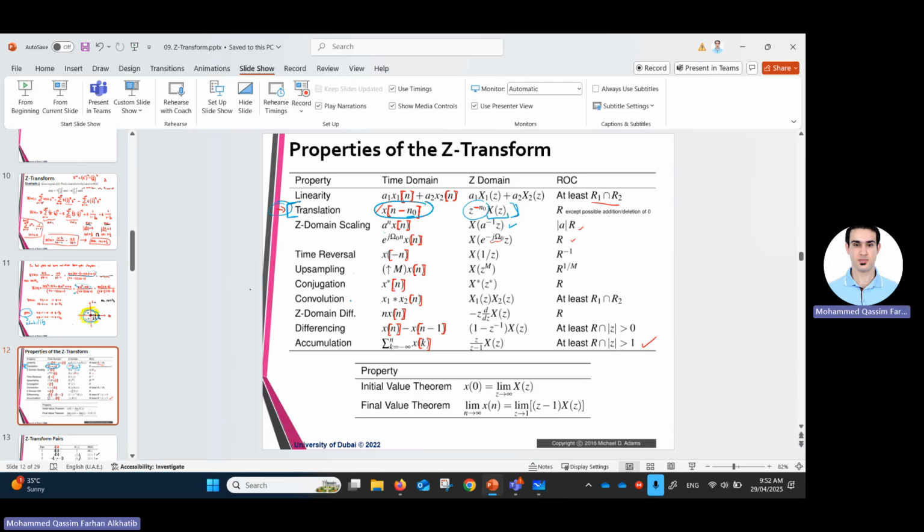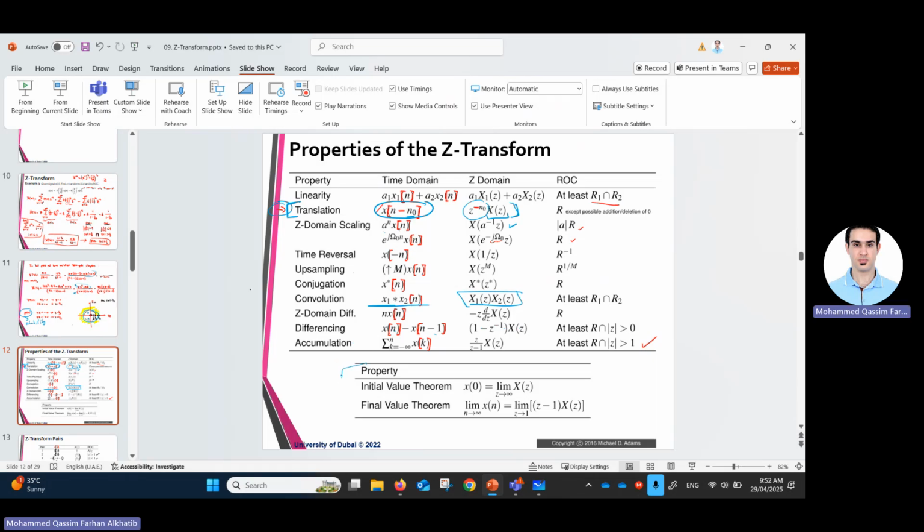Pretty much like the Laplace and Fourier, convolution in the time domain will lead to multiplication in the frequency domain. When you take the derivative, you are getting something like this. The derivative in the z domain is a bit different than in the continuous domain. So basically, you take the difference between two samples, and that's what we call a derivative. Accumulation is pretty much like integration.